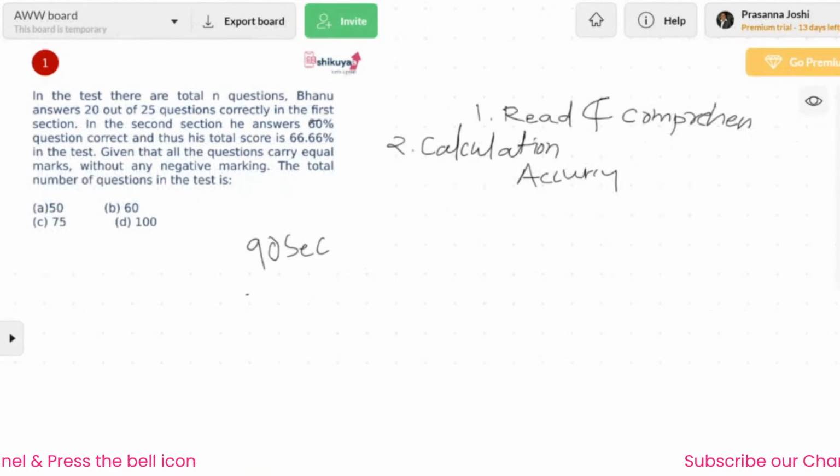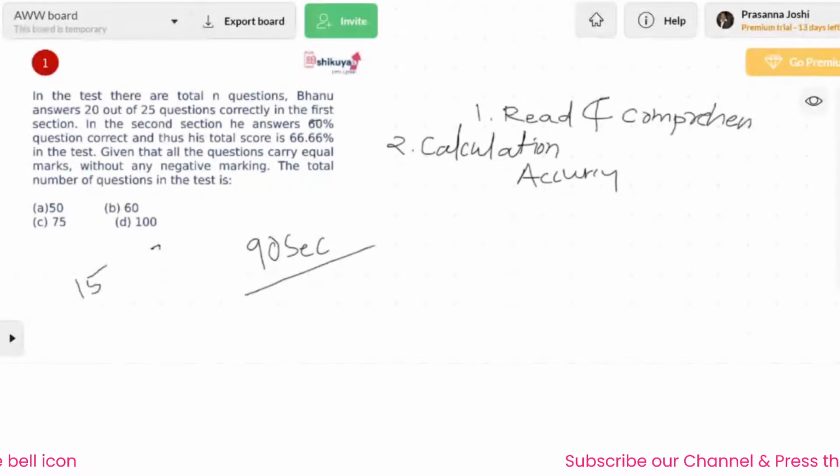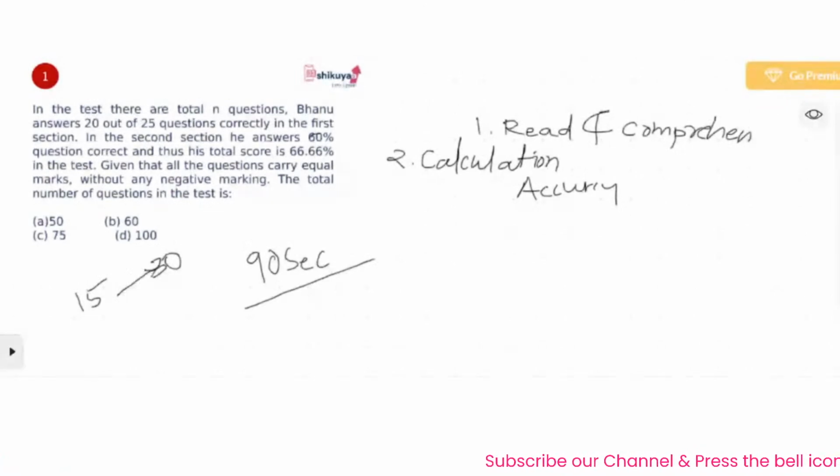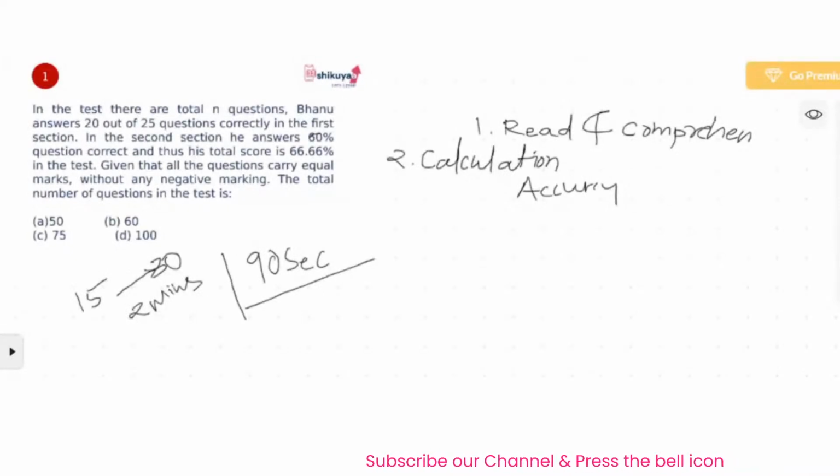For example, in case of TCS, as you know very well, we are supposed to solve 15 questions in 30 minutes. That means we will be getting around 2 minutes for one problem. Am I right? But still, you must understand that the average time you will be getting is 90 seconds.